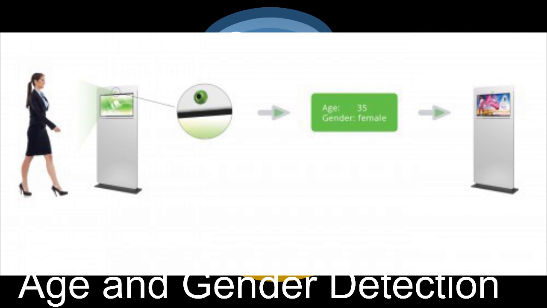Actually, automatic age and gender classification is relevant for many applications, and social media is using it now.